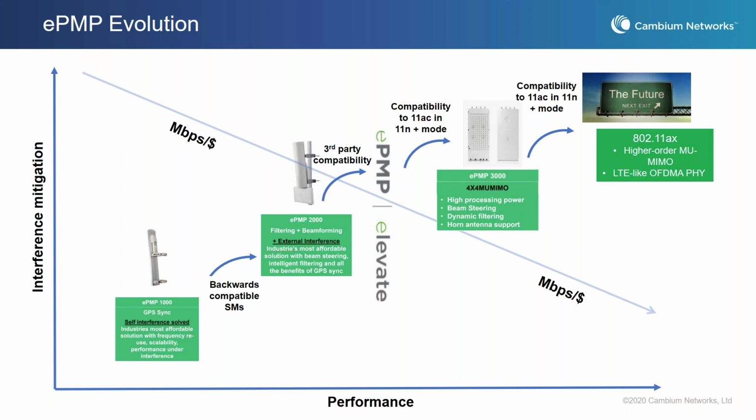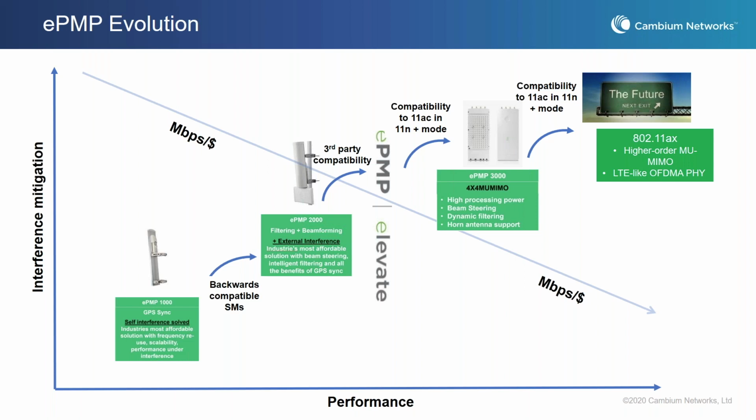In summary, ePMP 2000 came with two additional features: beamforming done by the smart antenna, and external interference handling done by a very precise filter. Having solved the interference problem with ePMP 2000, it was then time to go on the speed lane. That gave birth to ePMP 3000.